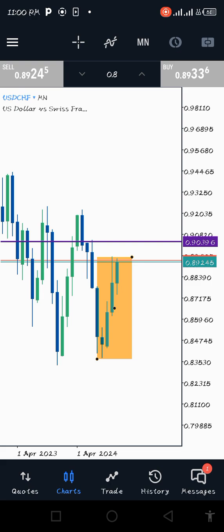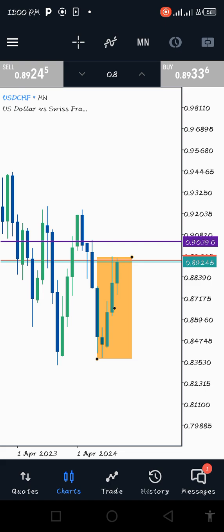Then we are expecting this pair to continue pushing up, and for the last 3 to 4 months, USD Swiss franc has been rising, right? Good.